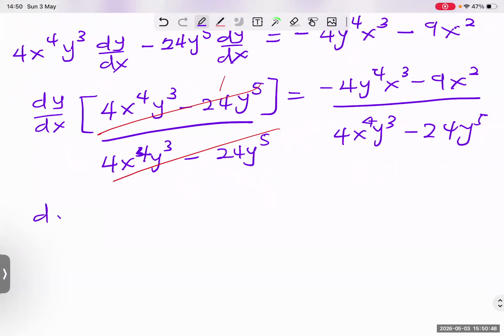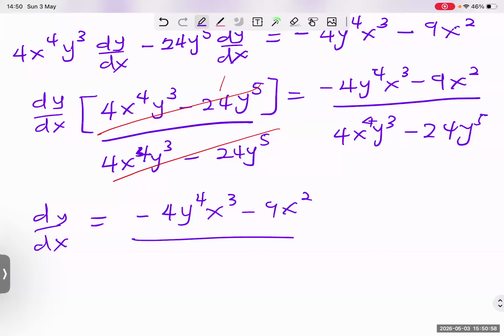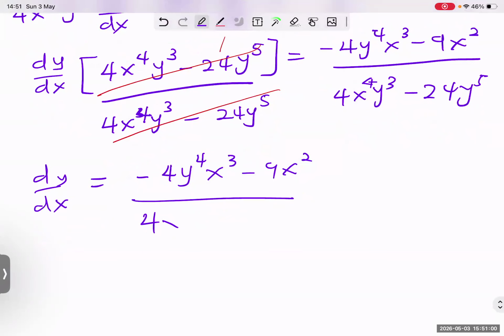So my dy dx is equal to minus 4y^4 x^3 minus 9x^2, divided by 4x^4 y^3 minus 24y^5. And that is our answer if we use implicit differentiation.